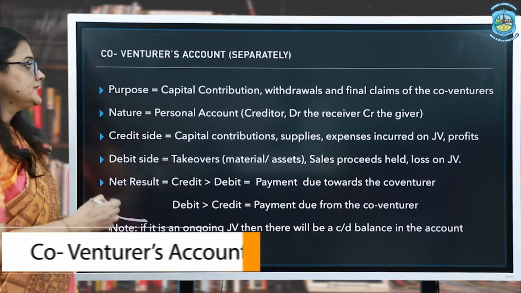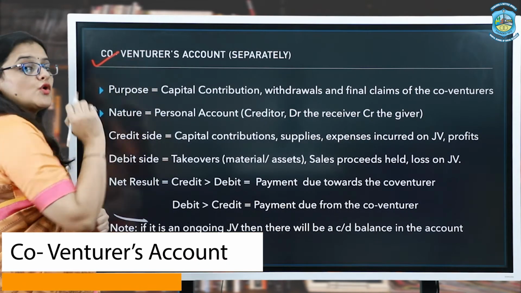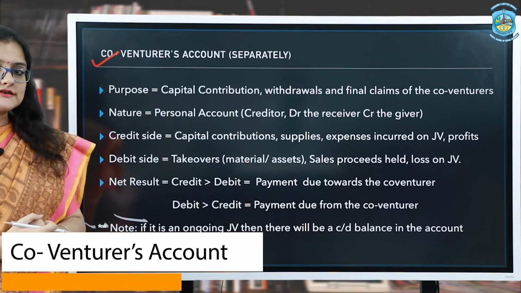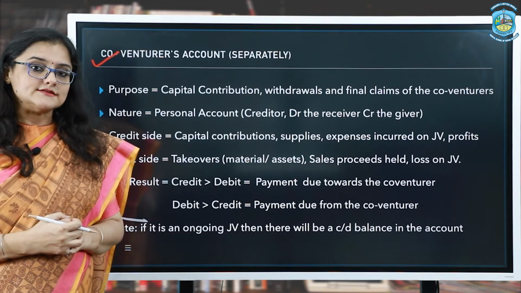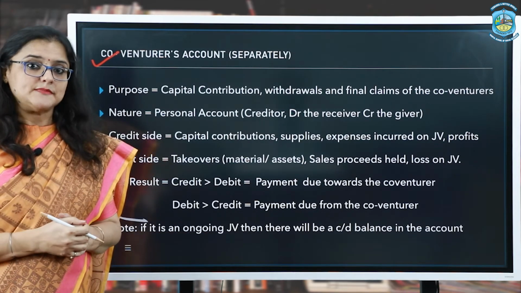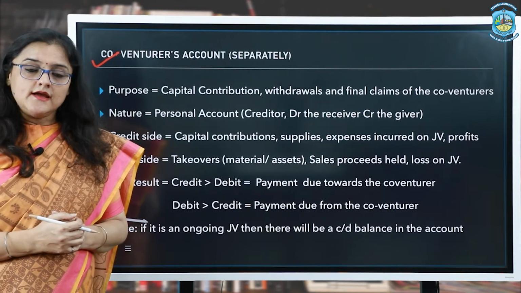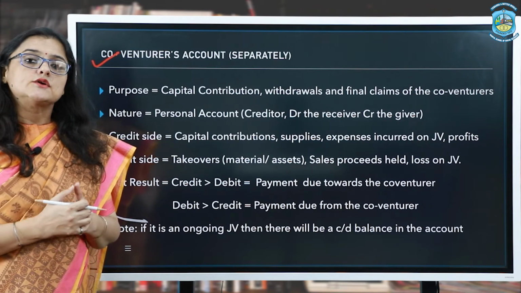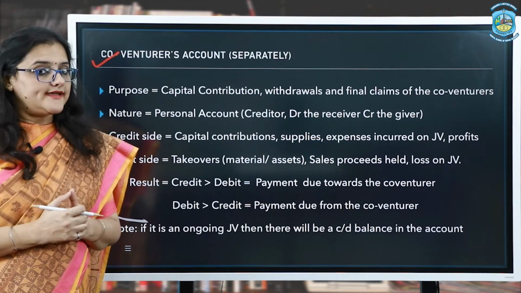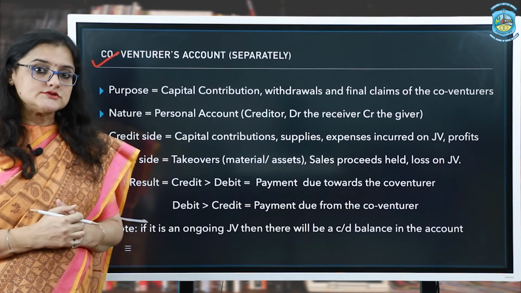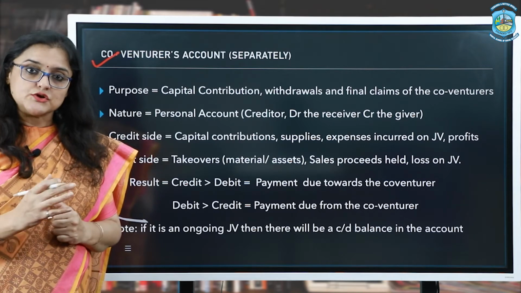Co-venturers account. Now, the position of co-venturers is same as that of partners in partnership accounting, right? They are responsible for contributing capital, they are responsible for conducting or completing the joint venture, and they are the ones who have final claims on the profits and losses of the joint venture.